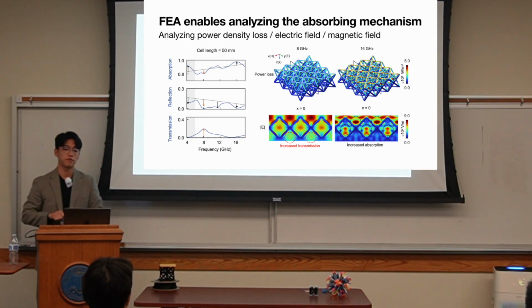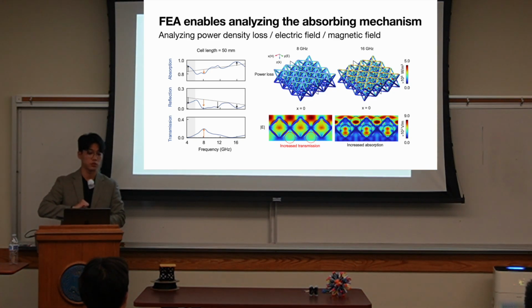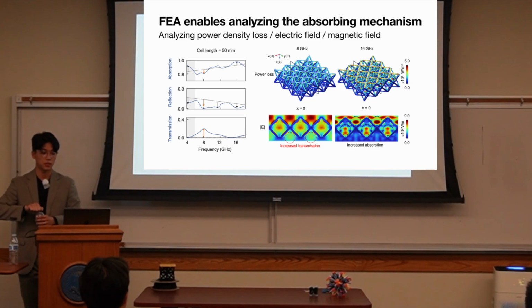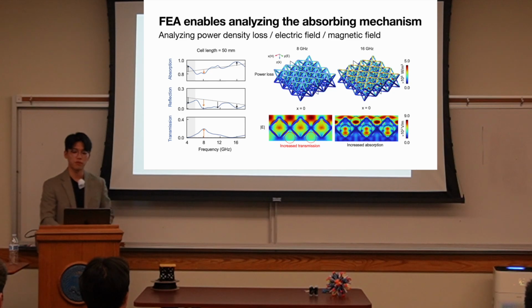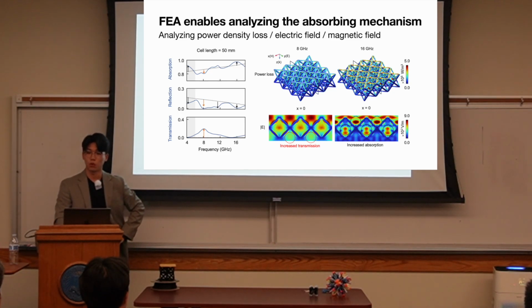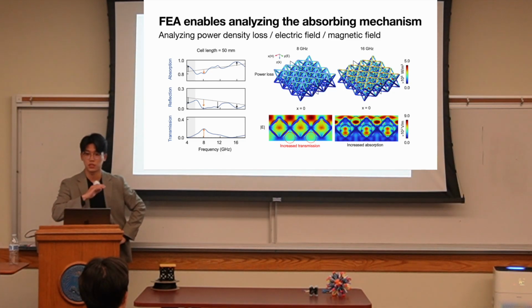And another benefit is that FEA enables the analysis of the absorbing mechanism. One good example is, if you use the same octet truss structure, the problem is that there shows a peak transmission at this 8 gigahertz frequency, whereas the transmission actually diminishes at the 16 gigahertz frequency.